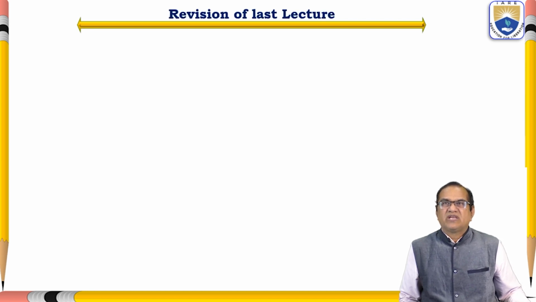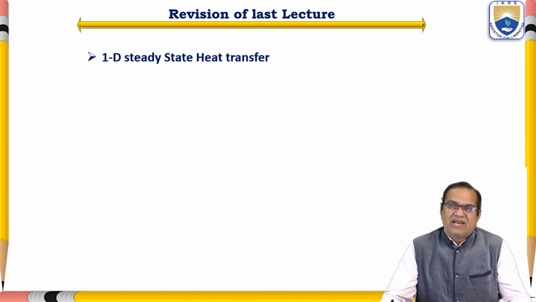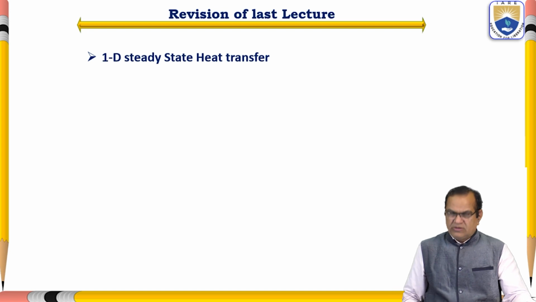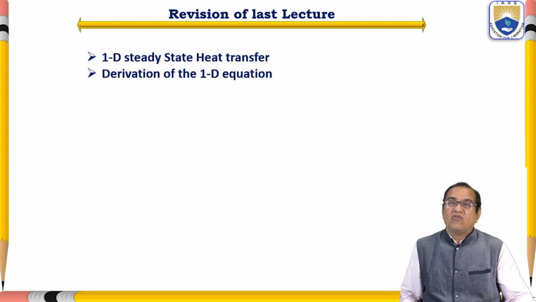In my last class, I discussed 1D steady state heat transfer, in which heat transfer takes place in one direction. The perpendicular area to that direction is very important to find the rate of heat transfer. The derivation of the 1D equation is already completed.